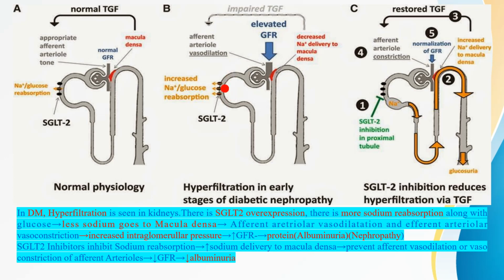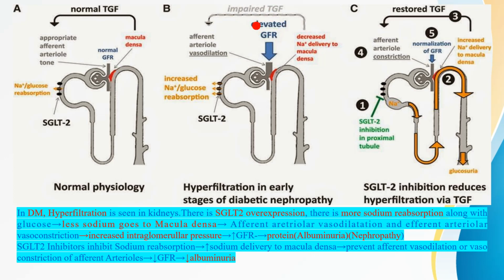So when there is an increase in the number of SGLT2 receptors, there is more and more glucose and sodium reabsorption in the proximal convoluted tubule. So very less sodium goes to the macula densa, and when very less sodium goes to the macula densa, it causes afferent arteriolar vasodilatation and increased efferent arteriolar vasoconstriction, which leads to an increase in GFR.